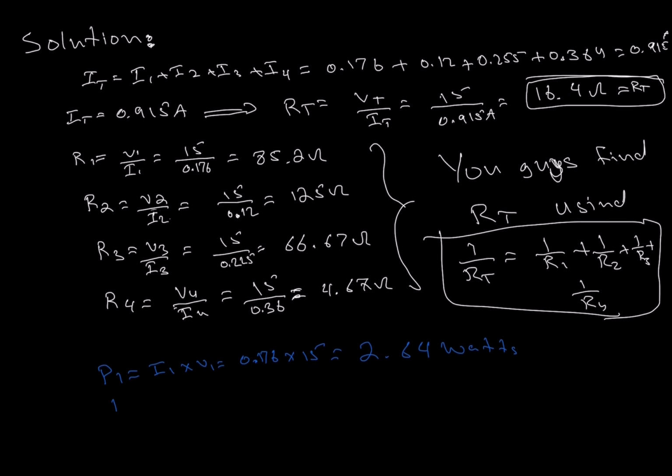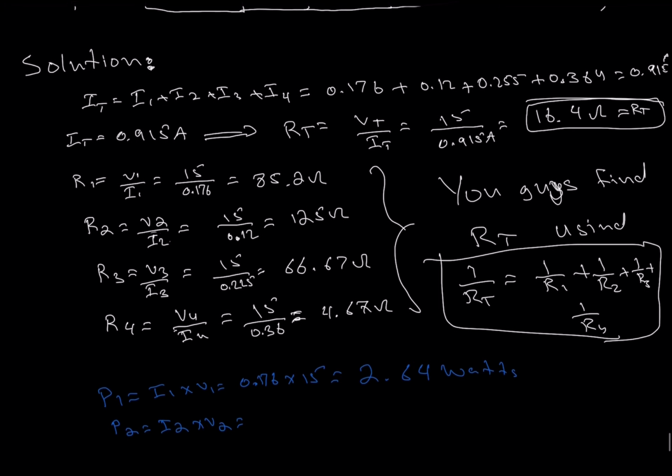P2 will be I2 times V2. I2 will be 0.12 times 15. 0.12 times 15 will give me 1.8 watts.